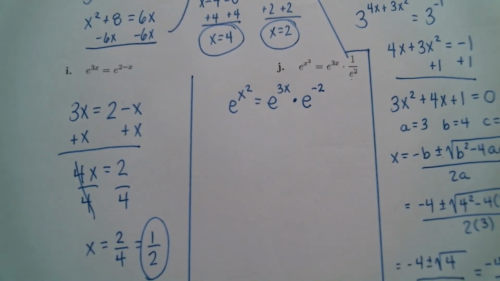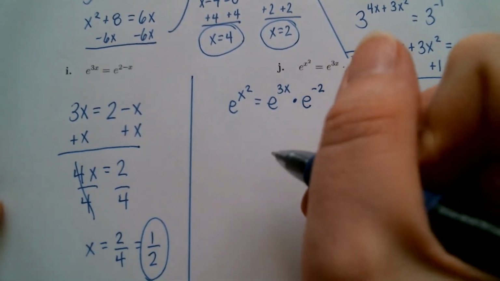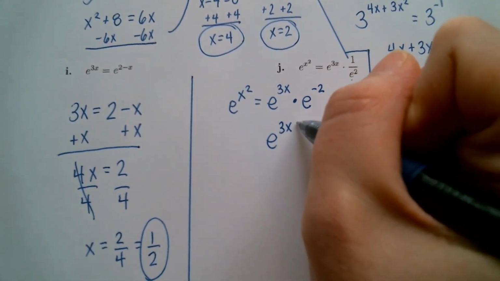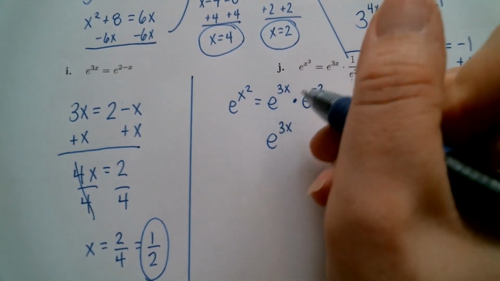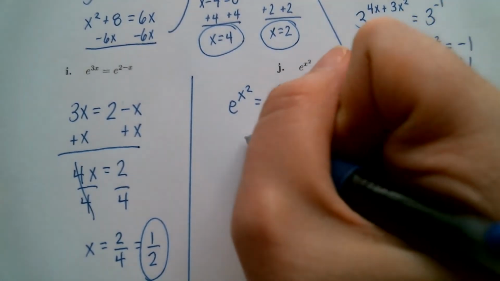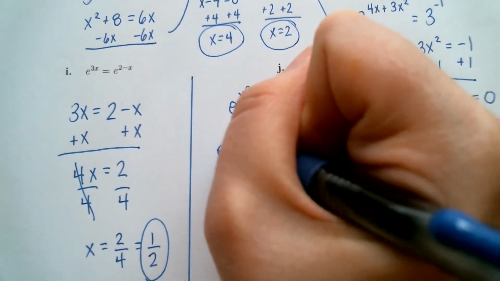So the right side is going to become e to the 3x plus a -2. So if you add the -2, you're really subtracting it. Left side stays the same.